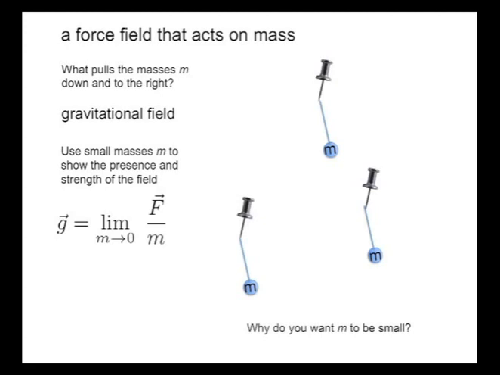The result of using a test particle of too large a mass would be to distort the thing you're trying to measure. So it's important that the mass be small compared to the field strength that you're trying to determine.